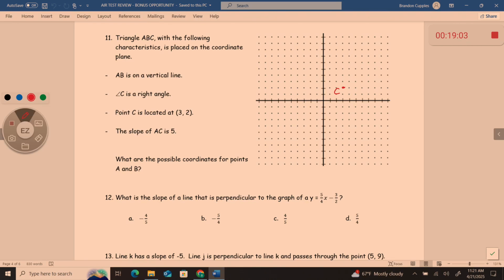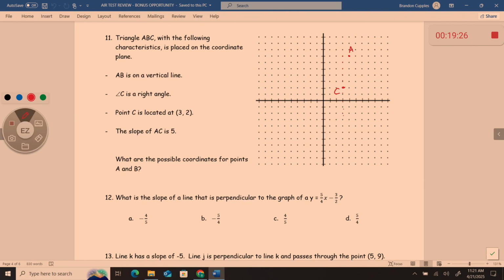The slope of AC is 5. So if I go ahead and do this, slope of AC is 5. 1, 2, 3, 4, 5 over 1. I could go ahead and put A right here. Again, I could keep going up and over. I could also go down and over and place A somewhere down in here.